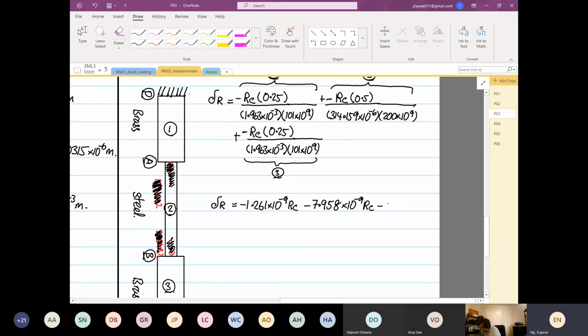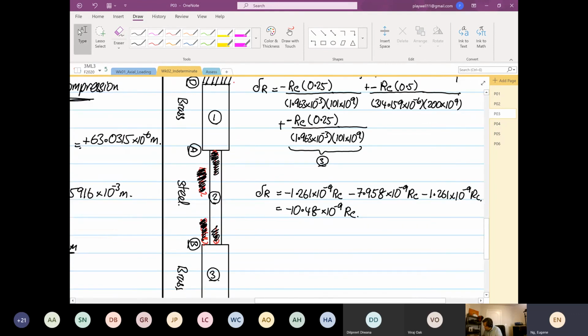And then minus again the same thing, 1.261 times 10 to the power minus 9 RC. So this adds up to 1.261 times 10 to the power minus 9 times 2, plus 7.958 times 10 to the power minus 9. So I get 10.48 times 10 to the power minus 9 RC.